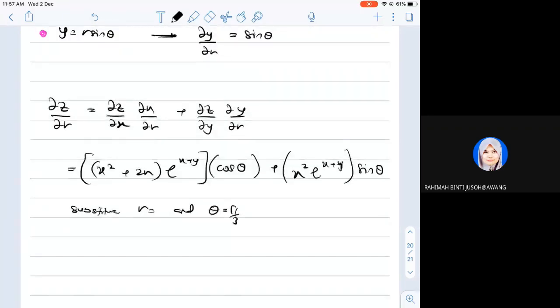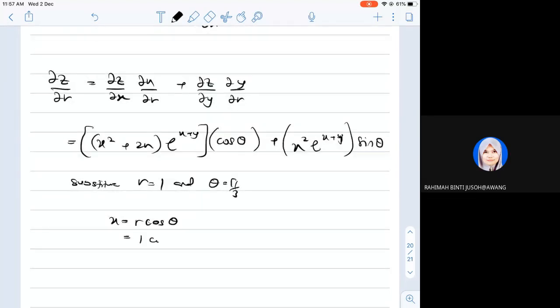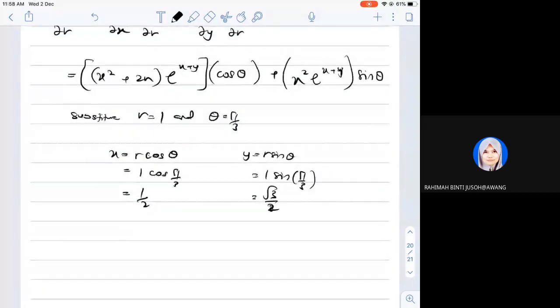Okay, guys, since x equals to r cos theta, it becomes 1 times cos pi over 3. So x becomes 1 over 2. And then y equals to r sine theta, so equals to 1 times sine pi over 3. If you use your calculator, then you can get square root 3 over 2. Okay, so let's substitute. Del z over del r finally equals to x squared.